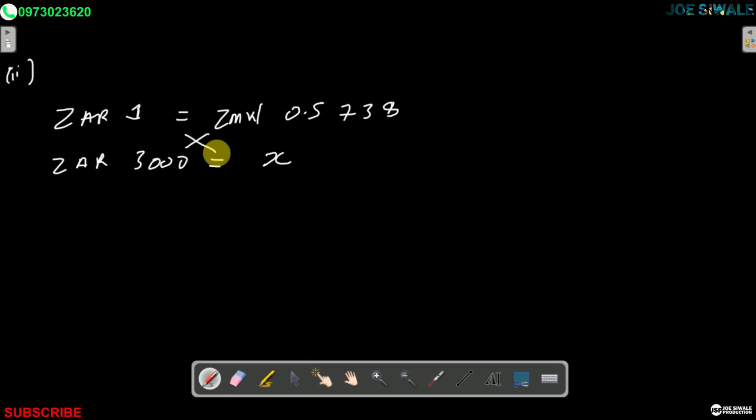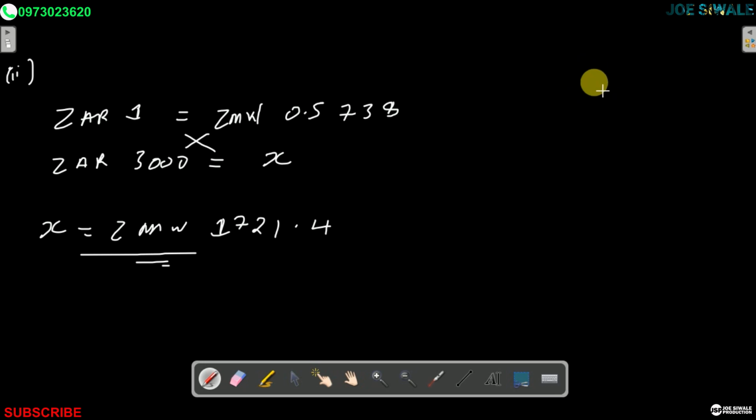So that's going to be X, and we're going to cross multiply. So X is equal to 3,000 multiplied by 0.5738. Our answer there is going to be 1,721.4. So that's going to be our answer in kwacha.